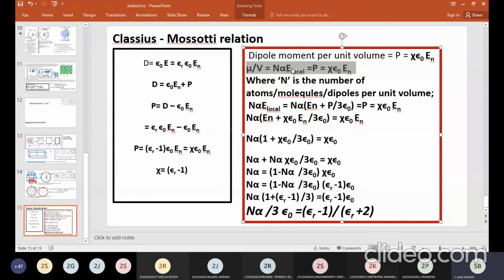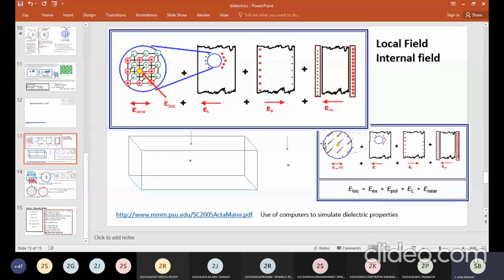Sir, in place of E, why did you take E local? Because when I am trying to find the net electric field here, this is not the external field, this is not the induced field, but a combination of all of them. If I want to know the dipole moment produced inside an independent atom or molecule, then I need to know the net electric field acting.